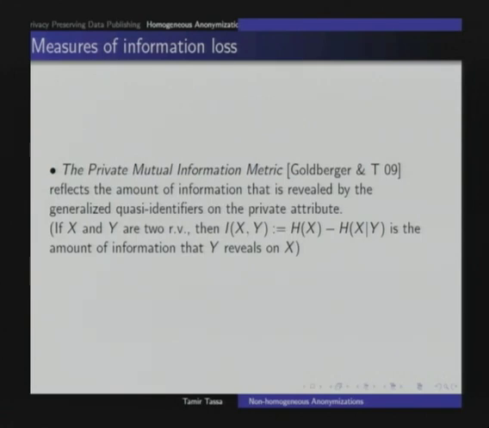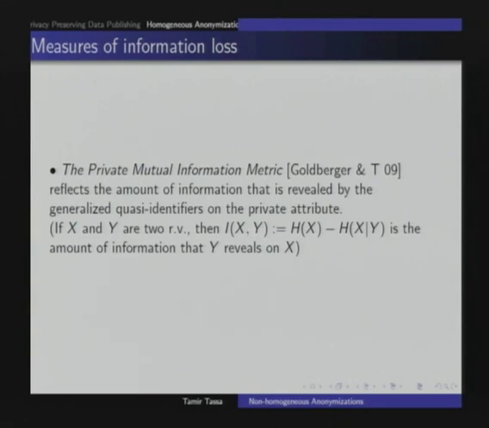It's not actually two; it's t plus one, if t is the number of quasi-identifiers, and one is the sensitive attribute. And the mutual information between two random variables is defined here. It's the entropy of x without knowing the value of y, minus the entropy of x when y is given.